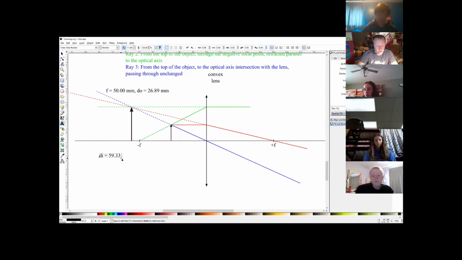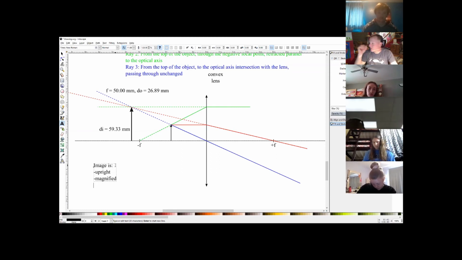Was it 3.3? So looking at this, the image is in the same direction as the object, so it's upright. It's way bigger.